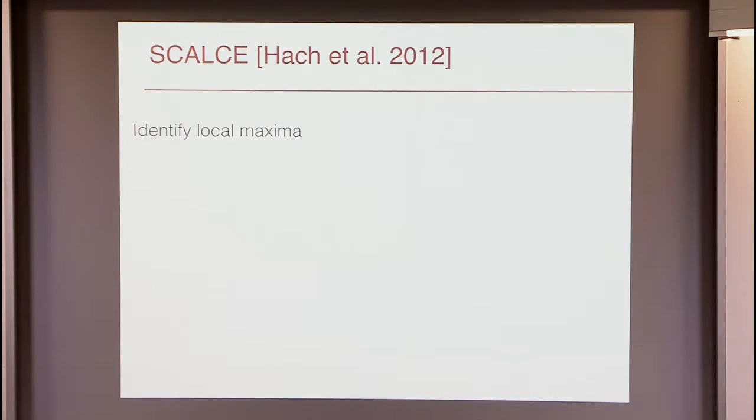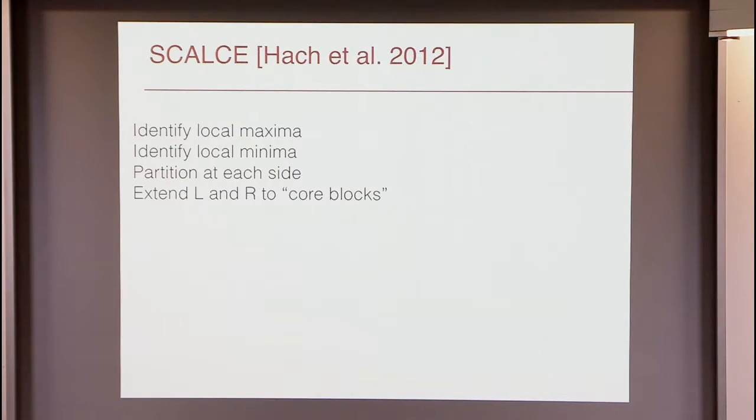And 3 will always be a local maximum. 0 will always be a local minimum. So we're going to identify local maxima. Then we're going to identify any local minima that aren't next to a maximum. We're going to partition the string based on those. And we're going to extend those partitions left and right to come up with blocks. And these blocks are going to be useful.